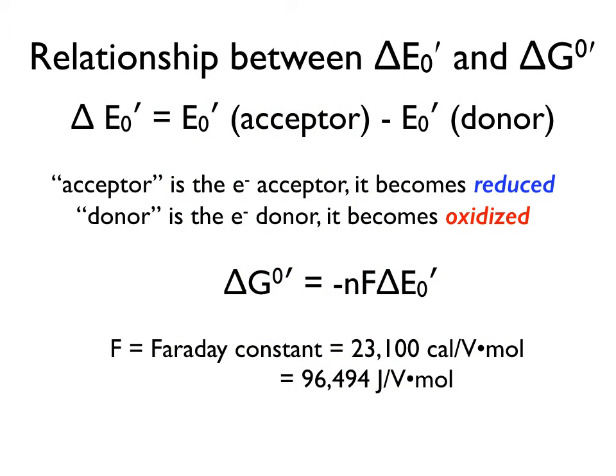Now remember that we were doing all of these redox reactions during the citric acid cycle to create NADH and FADH2 because these electron donors are a form of stored energy. And we said that we could relate these standard electrode potentials to standard free energy, and we've discussed how to do that.